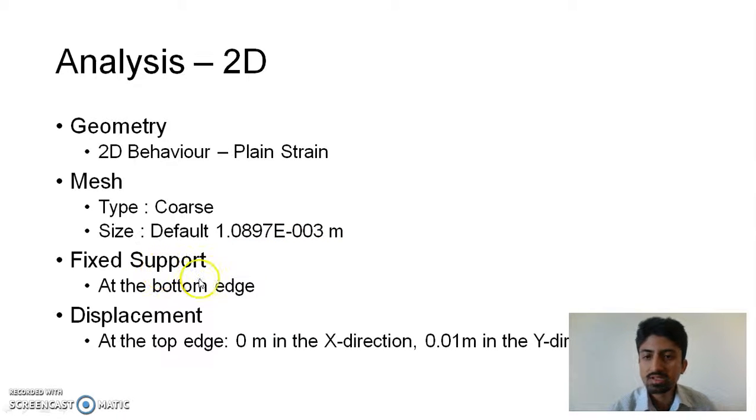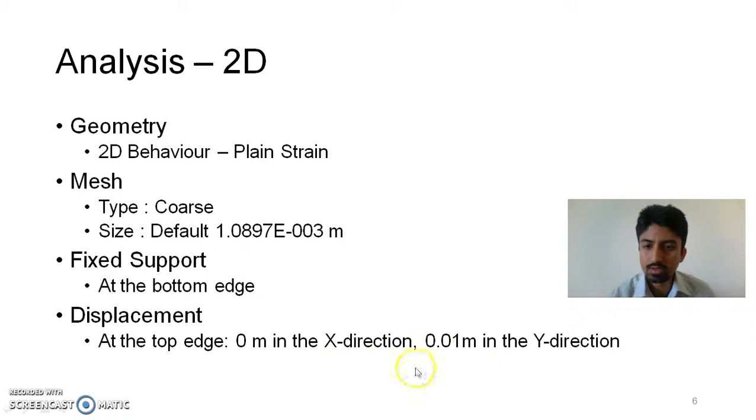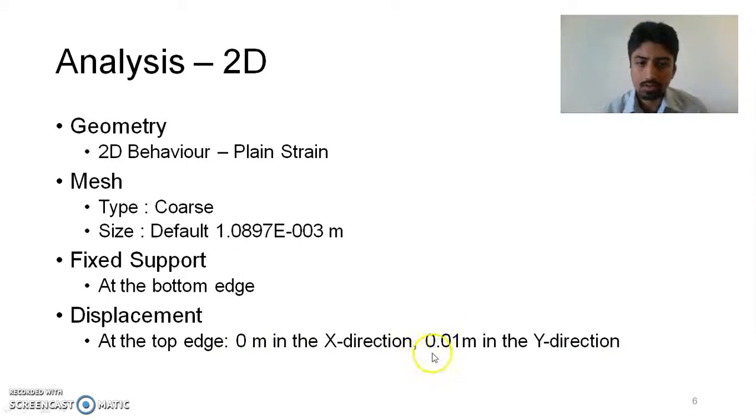The fixed support will be applied at the bottom edge of the bimetallic material. The displacement will be at the top edge, with 0 meters in the x direction and 0.01 meters in the y direction.